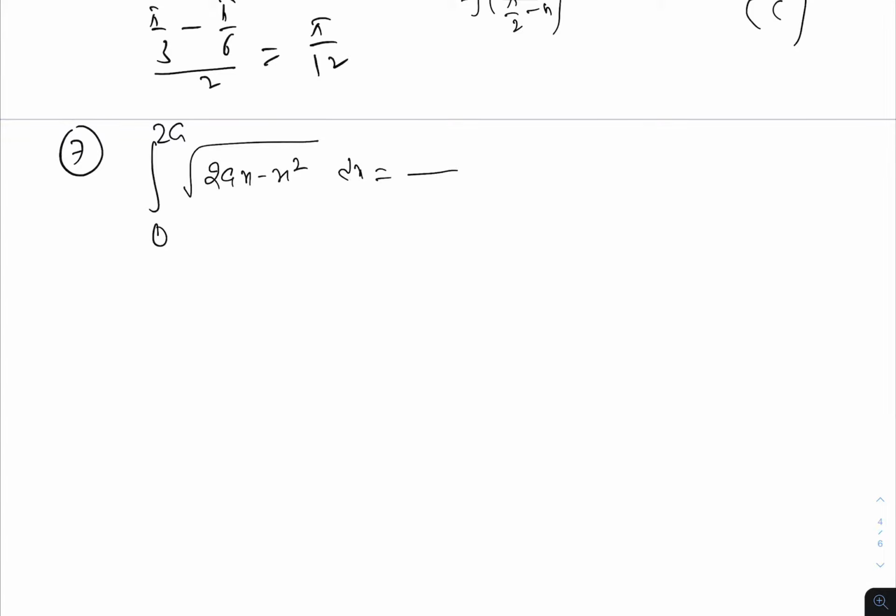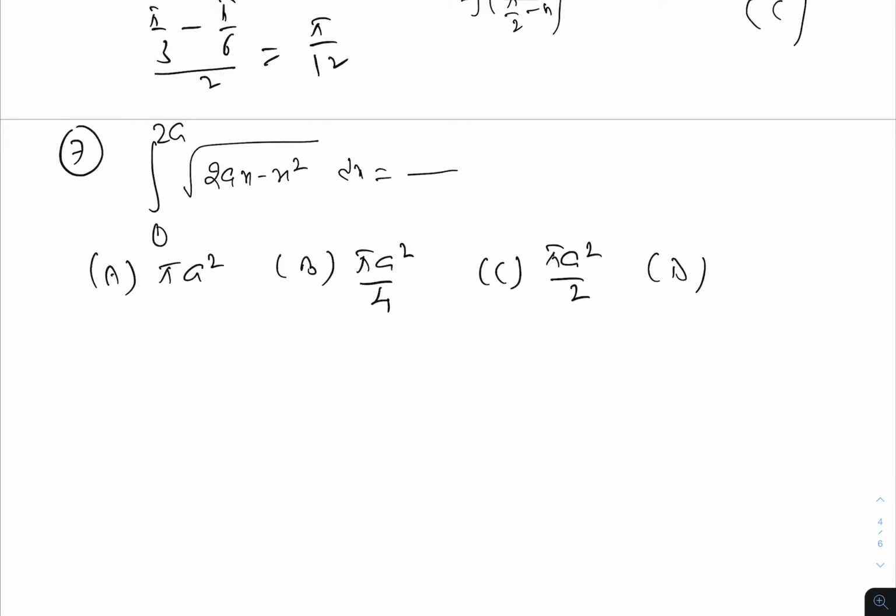So, options are pi a square, pi square by 4, pi square by 2 and a. Now, this is again an easy example. We just need to convert into standard format. That formula also we know.